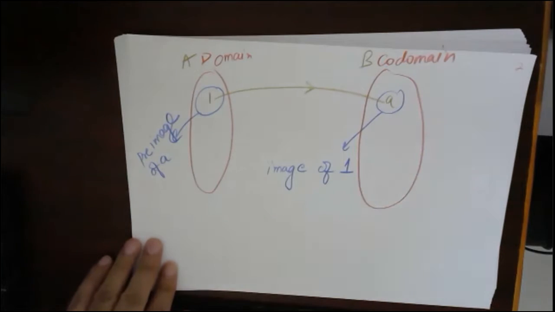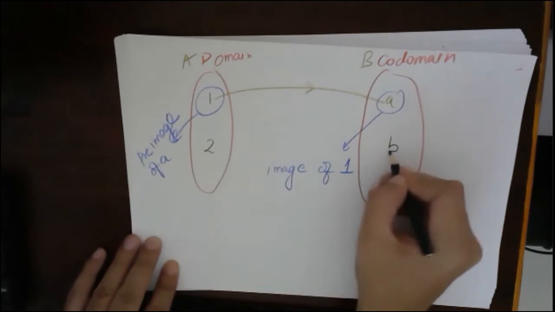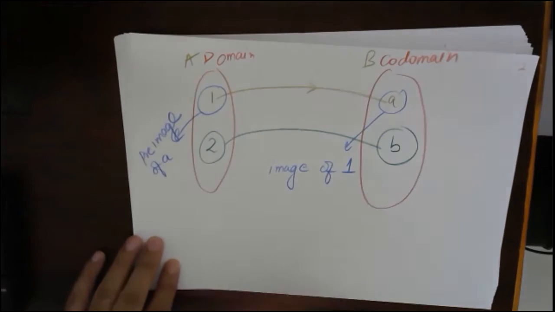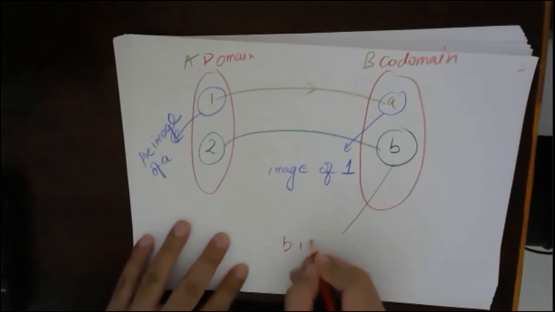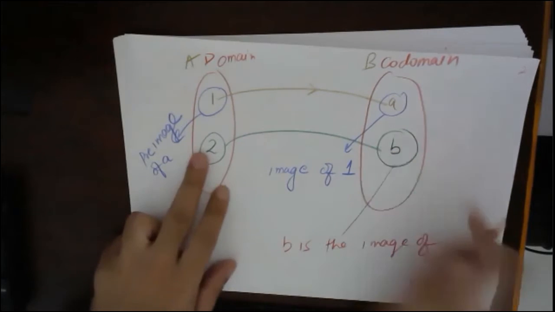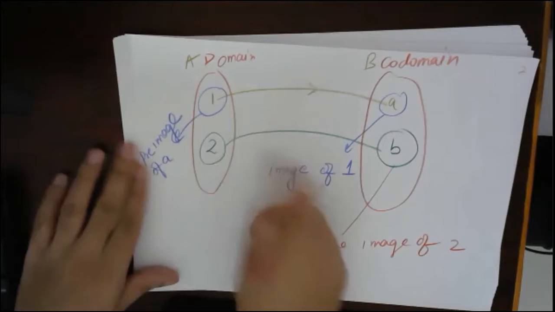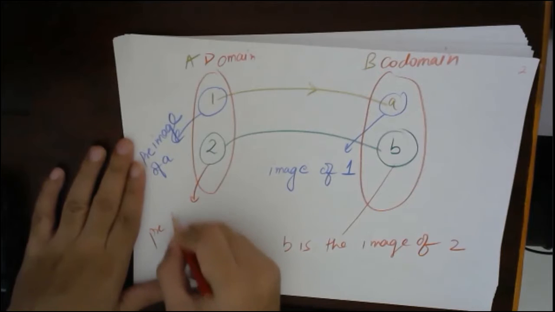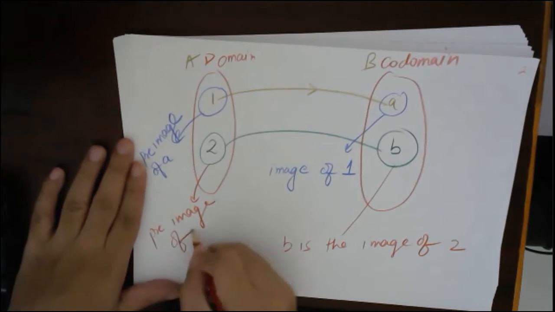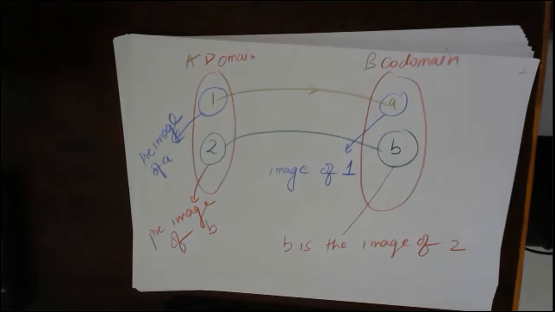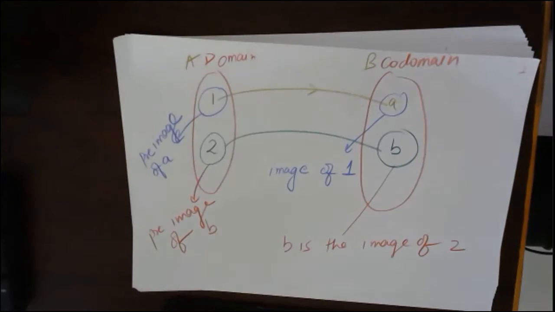Now see, if 2 is related to B, then again I'll just name it: B is the image of 2, and 2 is also known as the pre-image of B. This is fine till here. These are just names given.